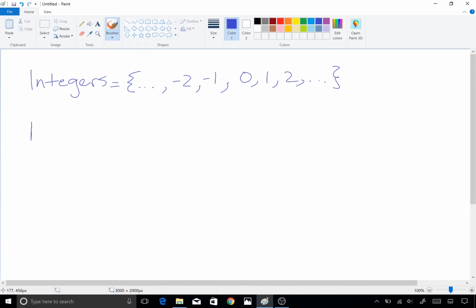A rational number, which is what we'll be working with today, is a number that can be written as m divided by n, where m and n are both integers.